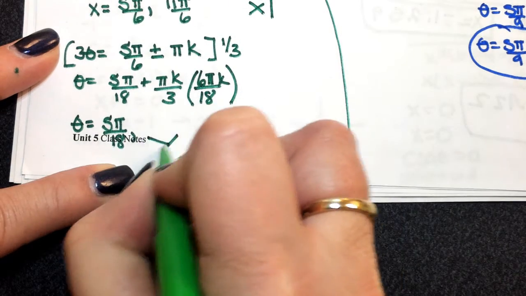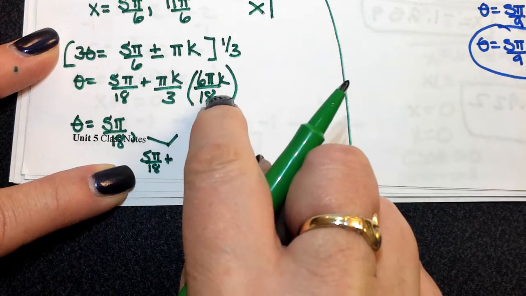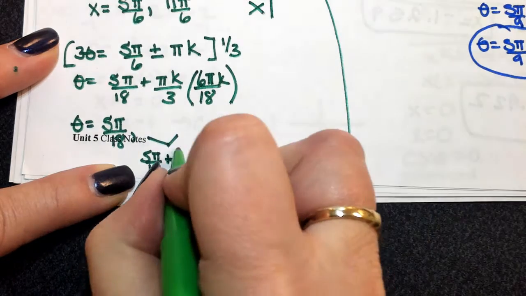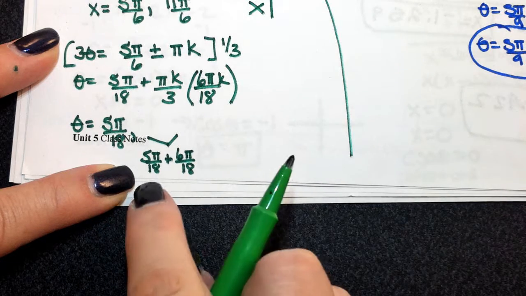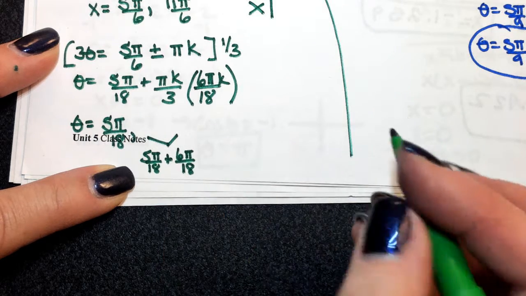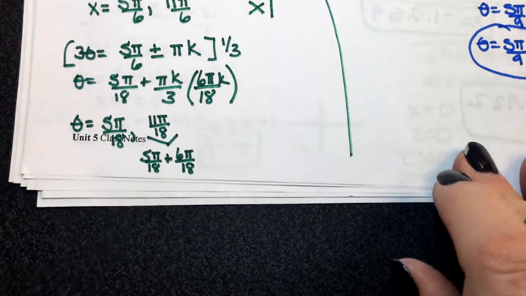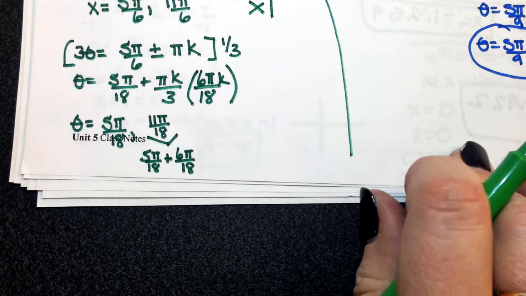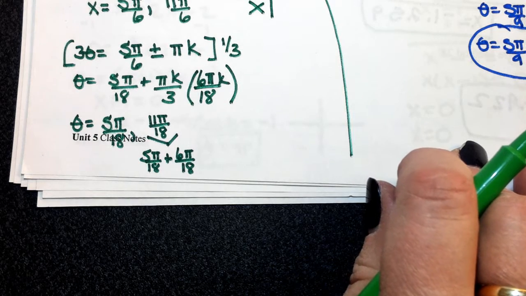So when k is equal to 1, I have 5 pi over 18 plus 6 pi over 18 times 1, which is 6 pi over 18. So what's 5 pi over 18 plus 6 pi over 18 going to be? 11 pi over 18. There's my second angle. Where am I going to get to? When can I stop? 36 pi over 18, because that's where you'll hit 2 pi.